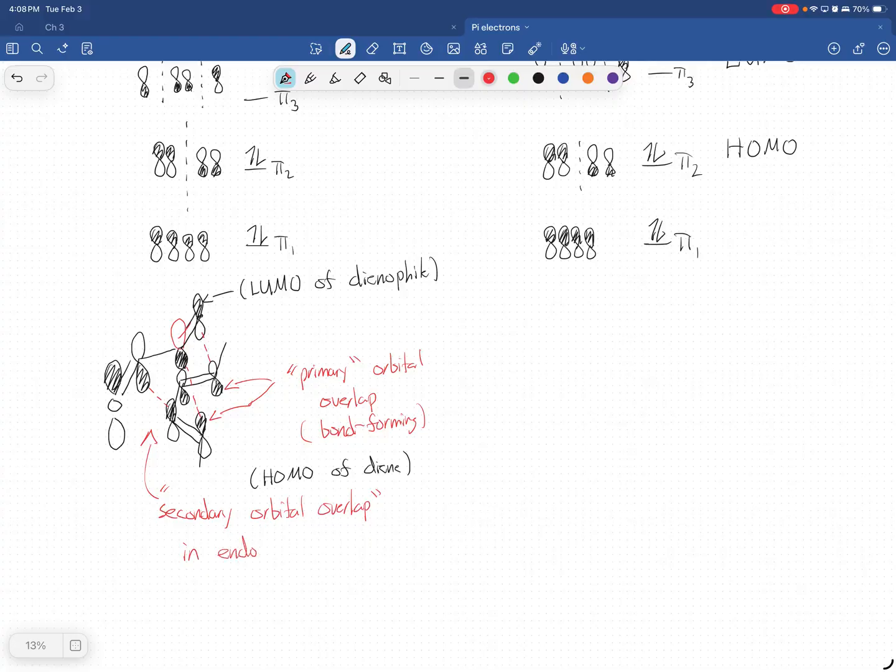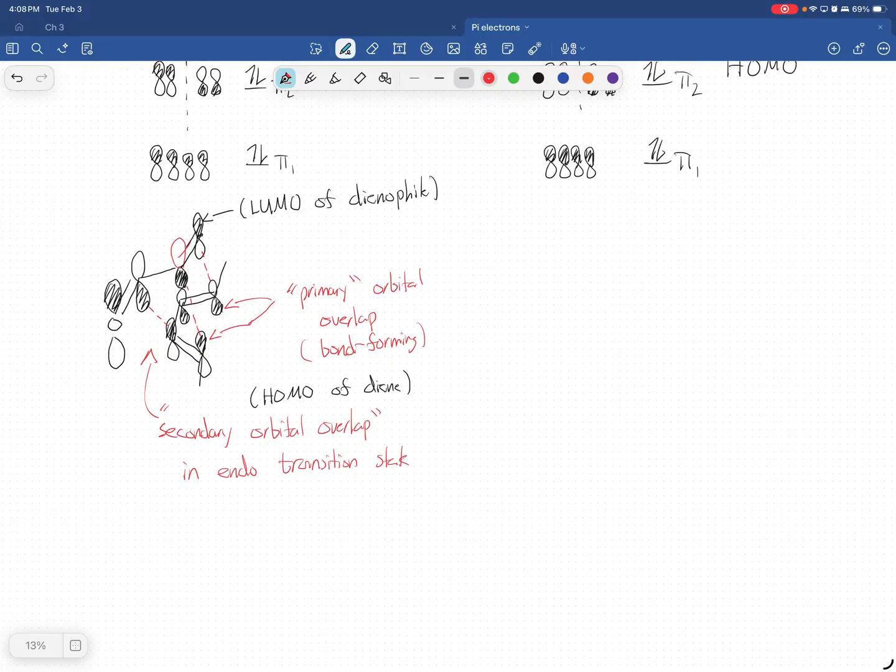Okay, so in the endo transition state, this secondary overlap stabilizes the transition state.